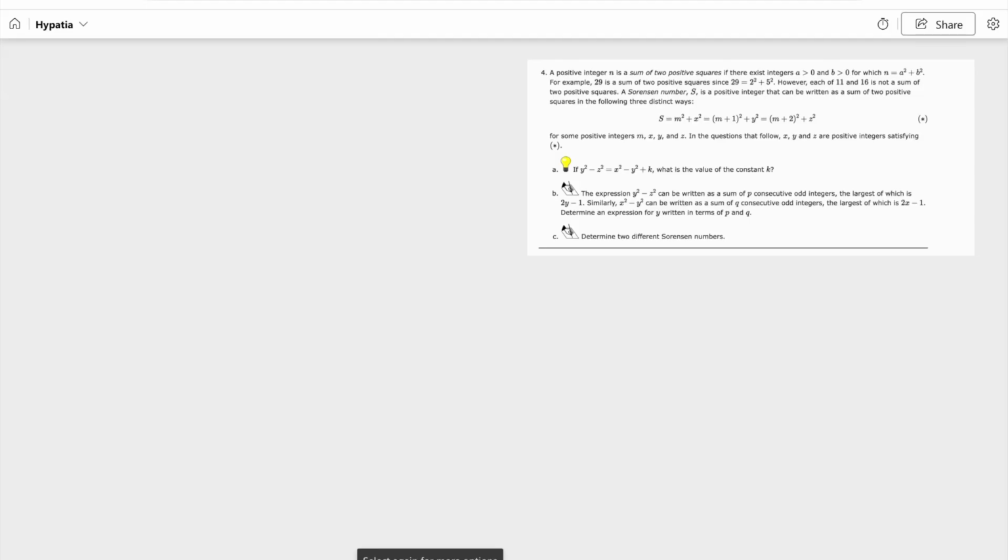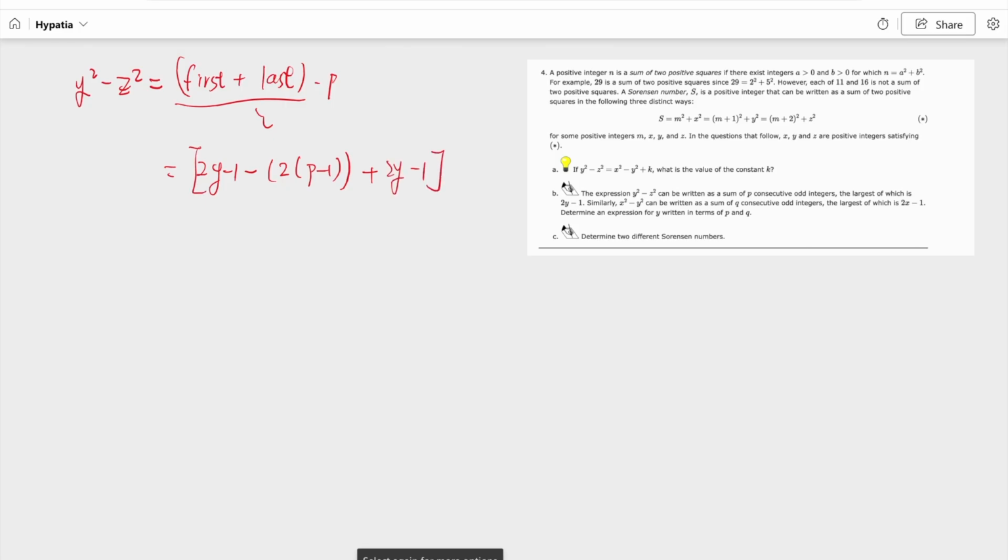The second question is a little bit tricky. First of all, we do y squared minus z squared, and then use the formula first number plus the last number times the number of terms in a sequence over 2 to get our sum for y squared minus z squared, with the given condition: the bracket 2y minus 1 minus 2 times p minus 1 bracket plus 2y minus 1 bracket, times p over 2.